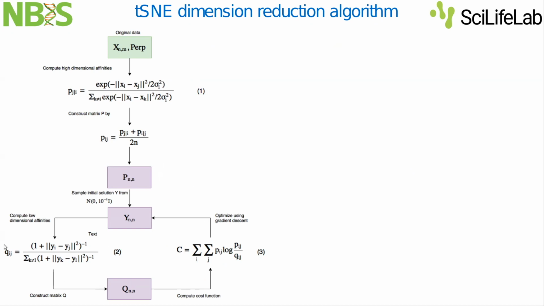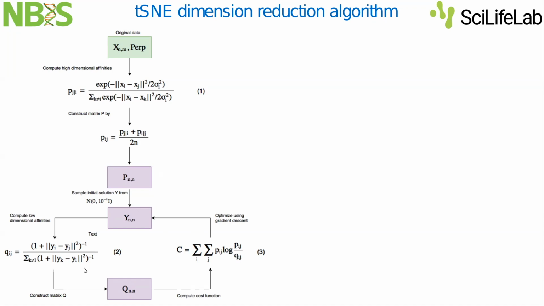And the low-dimensional distributions are coded through the Student t-distribution. So this is the Kullback-Leibler divergence. It's this logarithmic combination of P and Q distributions.